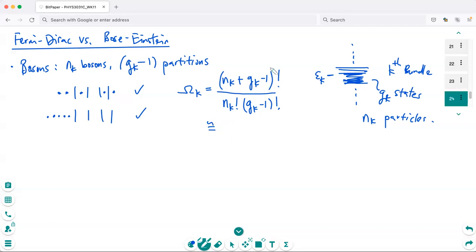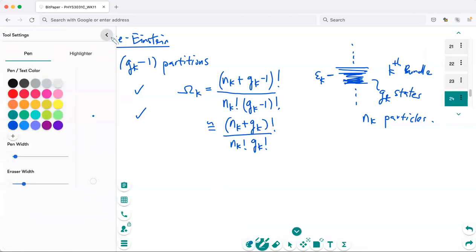That is to say, you don't care about this minus 1. So this is what you can do: NK factorial, GK factorial. That's it. You cannot go beyond this. Okay, so let's copy this. I will need it soon.